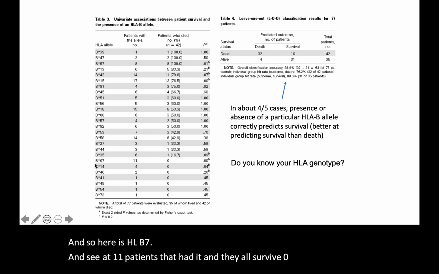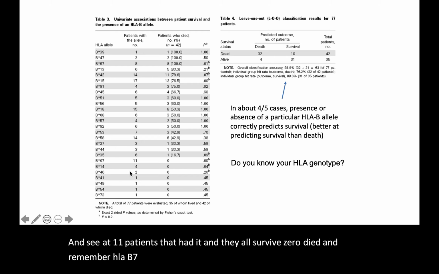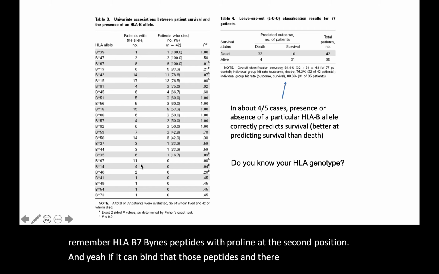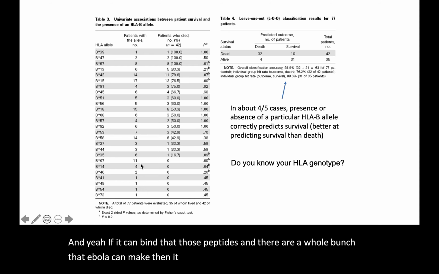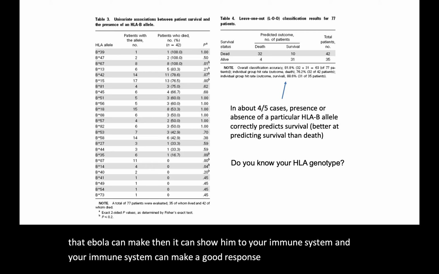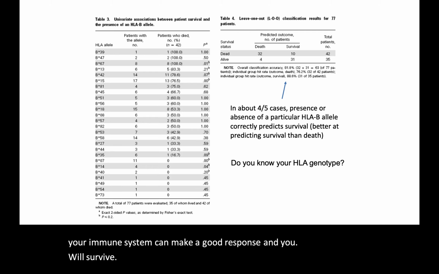And remember, HLA-B7 binds peptides with proline at the second position. And if it can bind those peptides, and there are a whole bunch that Ebola can make, then it can show them to your immune system, and your immune system can make a good response, and you will survive. That's the idea.